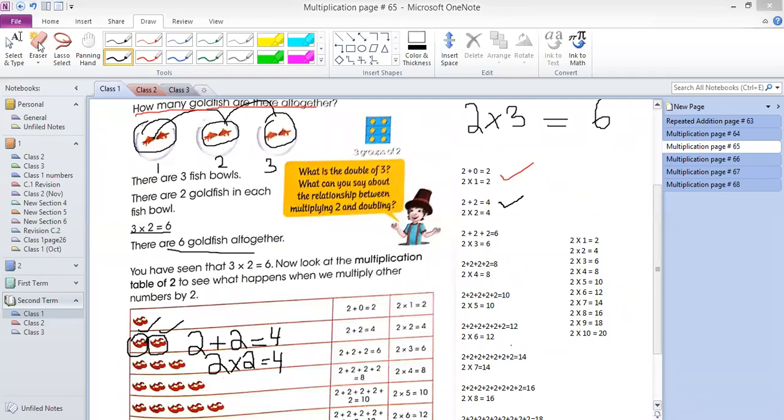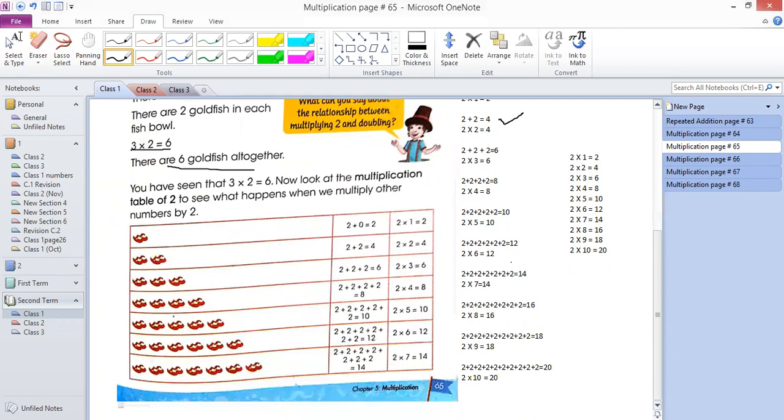Very good. Now you have to check here how many groups of fishes are there. Yes, guys. How many groups of fishes are there? 3. 2 plus 2 plus 2 equal to 6.